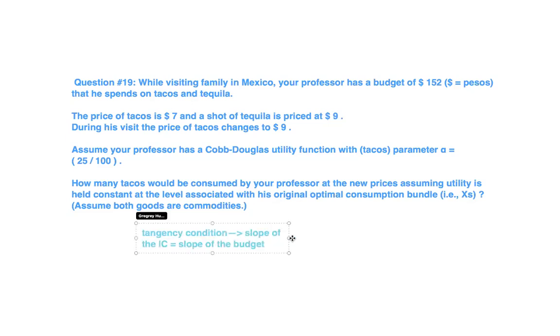And we have these general terms for the slope of the indifference curve, which is the MRS, the marginal rate of substitution. And the general term for the slope of the budget is PX over PY.